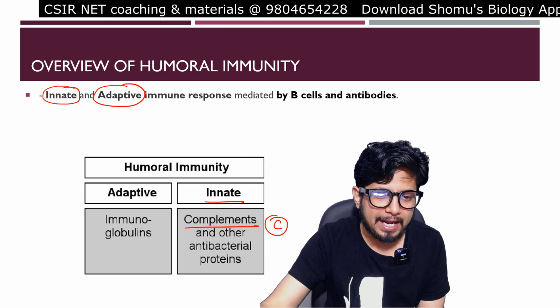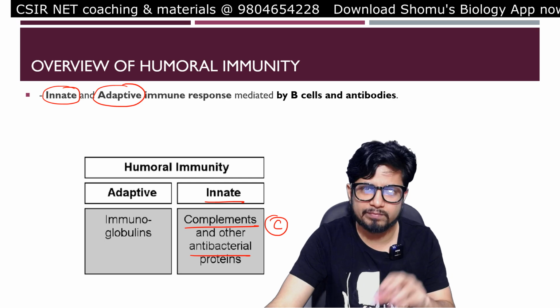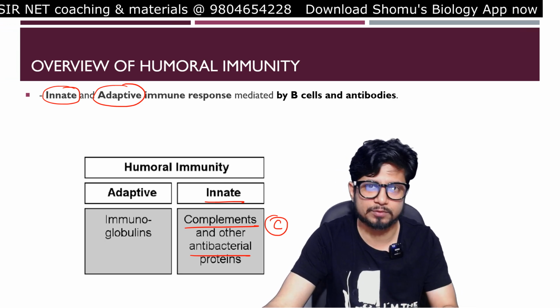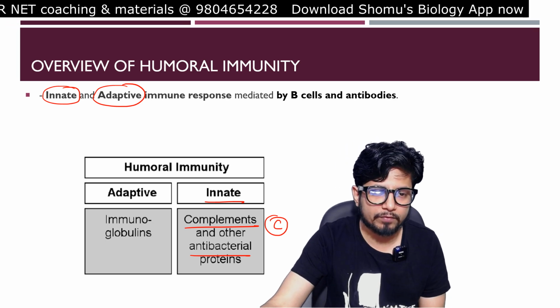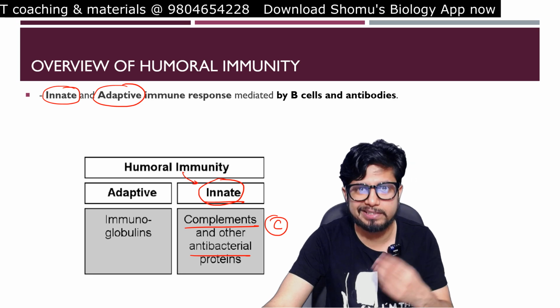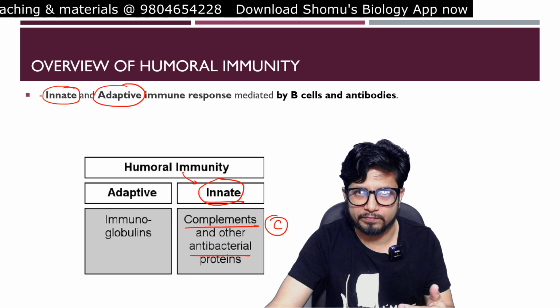Antibacterial proteins are also there, produced by our body in smaller amounts, but those proteins, as well as the complement proteins, are part of the innate line of humoral immunity. Innate line means it is not adaptive.